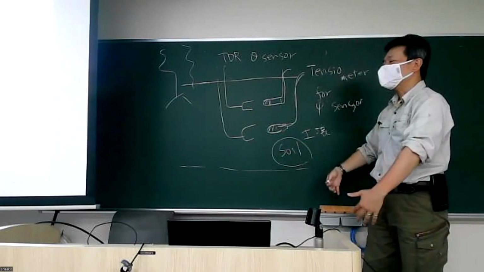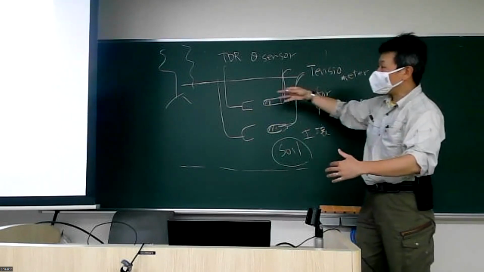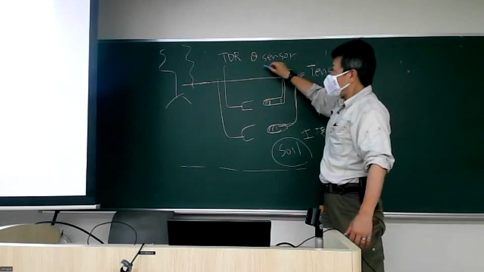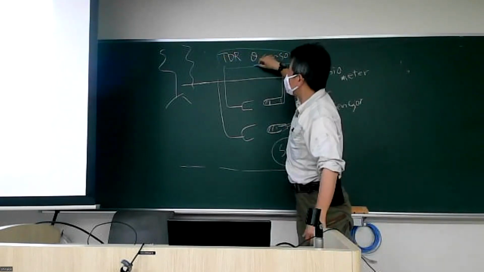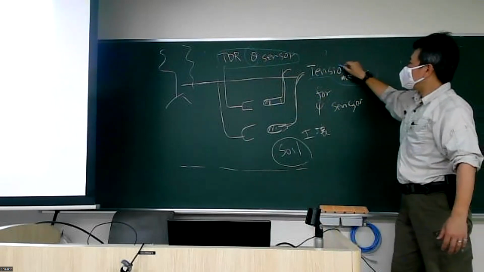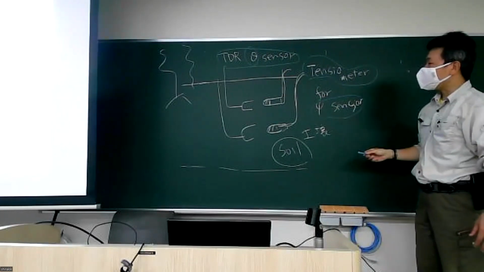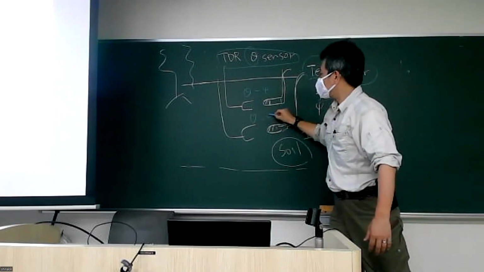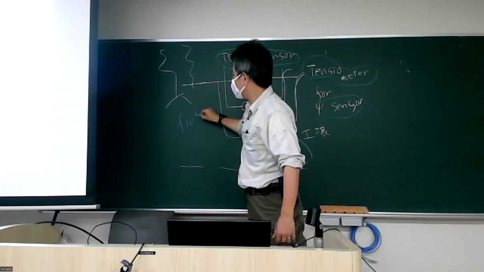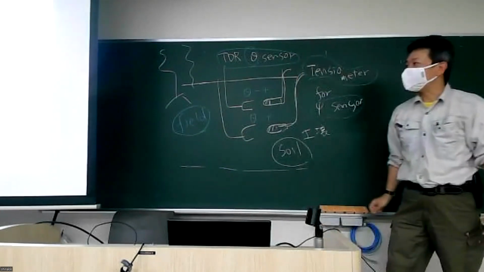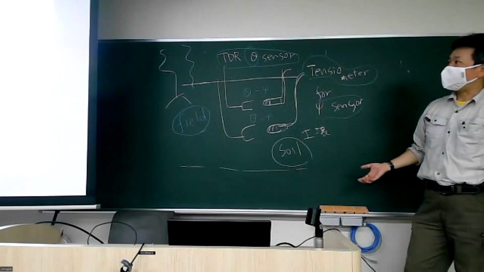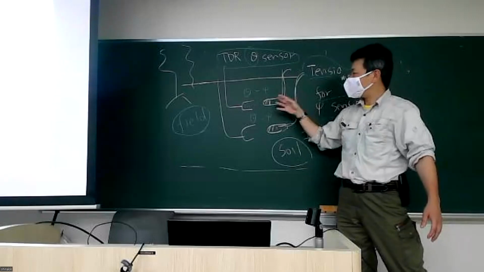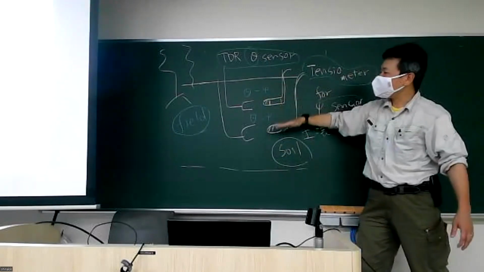Surely we need to make a trench or something to put the sensors in. One is the TDR sensor, which measures theta, and the other is the tensiometer, which measures psi. If we install them at the same place, we get theta and psi as field observation. We can use these two types of devices, the TDR sensor and tensiometer sensor, at the natural field, and check theta and psi at different depths, in different layers in the soil.